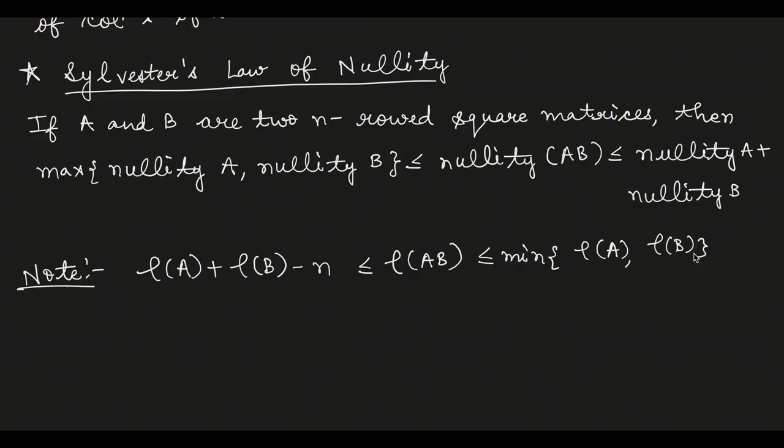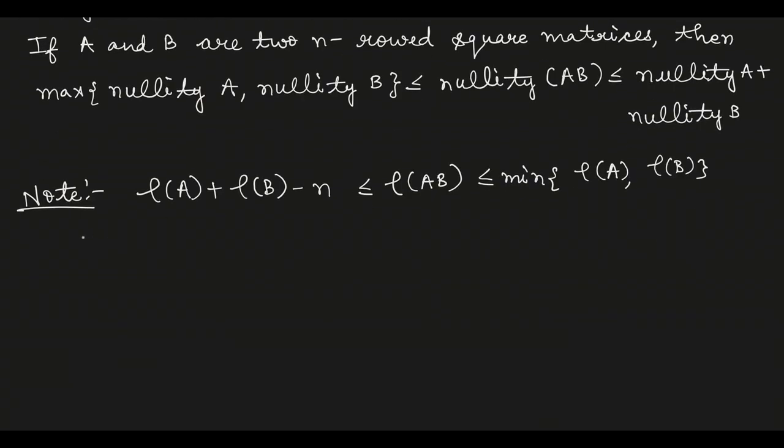For example, if I discuss a question on this: T1 is a mapping from R5 to R cube. T2 is also a mapping from R5 to R cube.